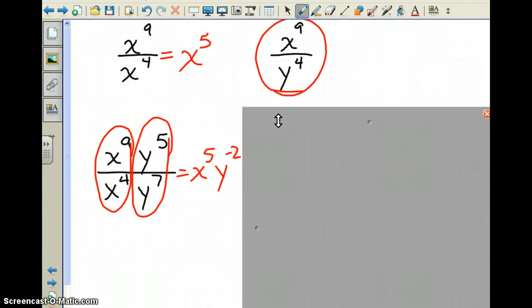And now we're not going to leave this with the negative exponent in there. We're going to get rid of that. So this will become x to the 5th times 1 over y to the positive 2. And then multiplying those two fractions together, that'll give me x to the 5th over y squared. And that will be my answer.